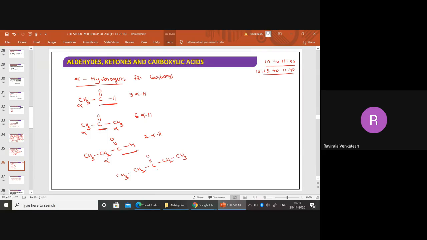How many alpha hydrogens? 4. This is alpha and this is alpha, so 4 alpha hydrogens. For example, CH3, CH3 and CH3, C double bond OH. How many alpha hydrogens are there here? 0. Zero alpha hydrogens.